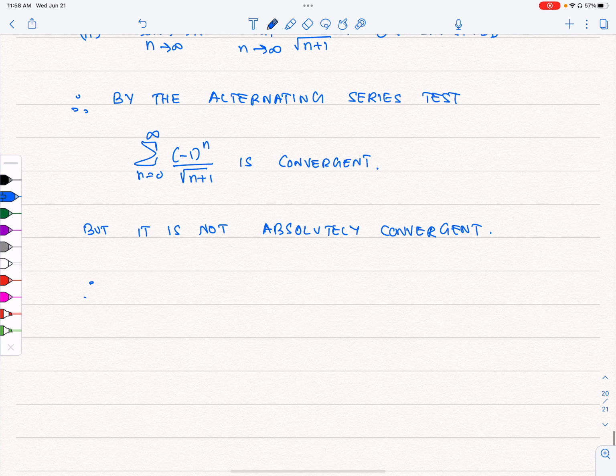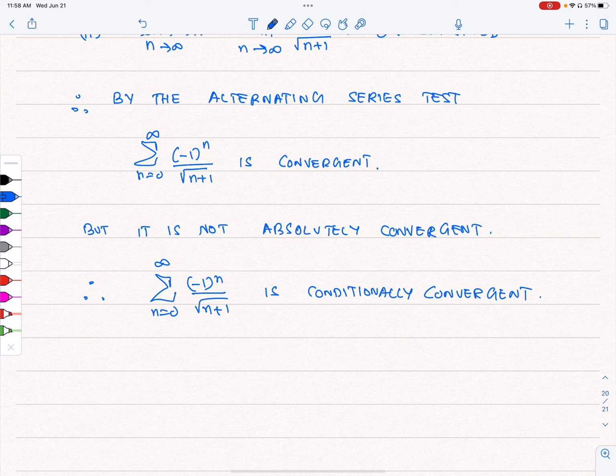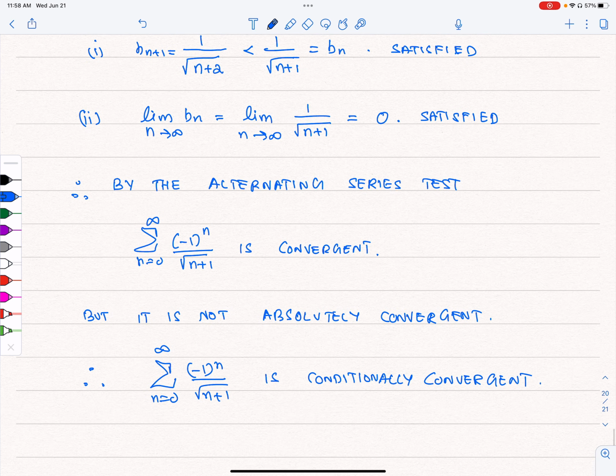Therefore, this series is conditionally convergent. It is conditionally convergent. And that is the solution of the problem.